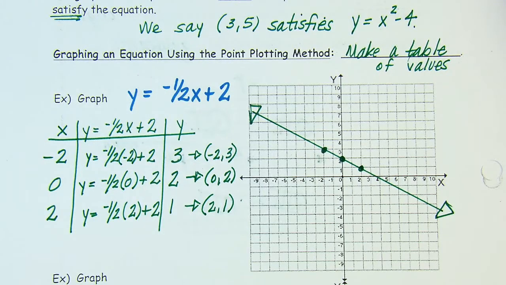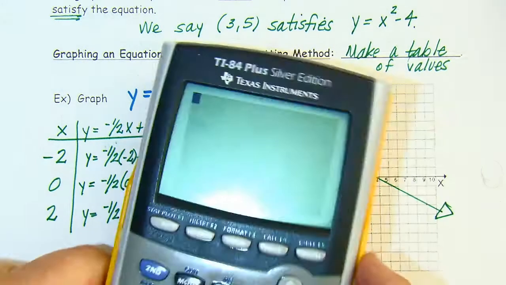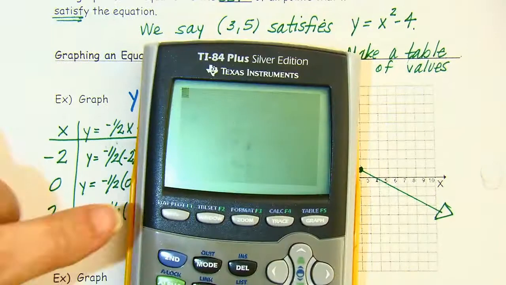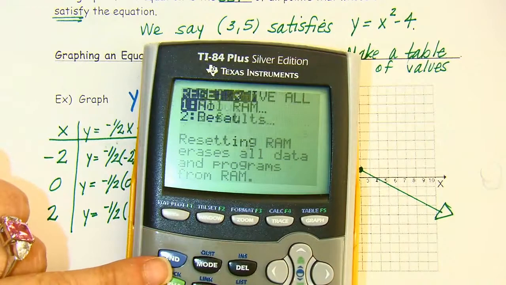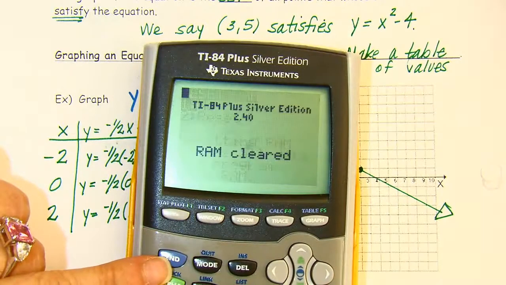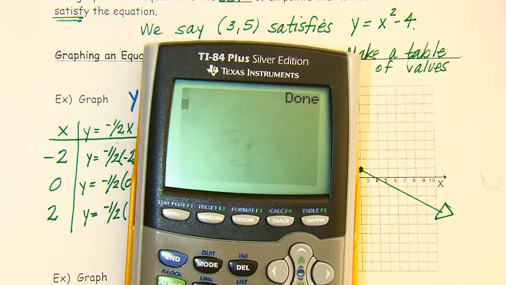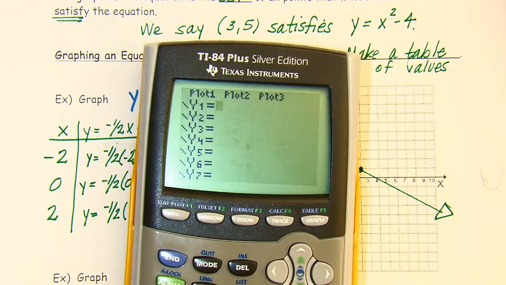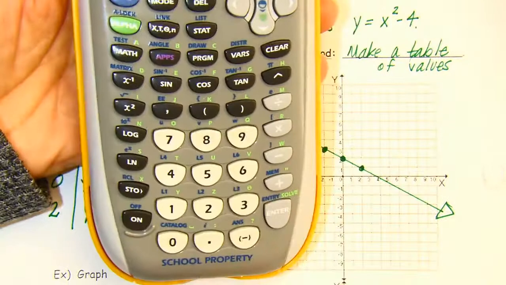Now, I will show you on the TI-84, if you turn this thing on, you should always do second plus 712 to clear the memory. All right, I'm going to go into y equals, and I'm just going to type in parentheses, the negative down here at the bottom underneath the 3, okay, negative.